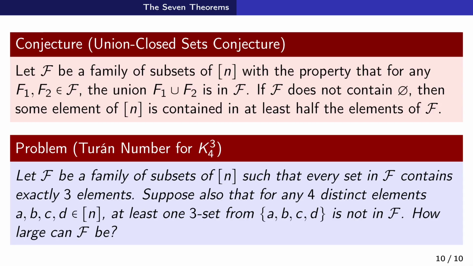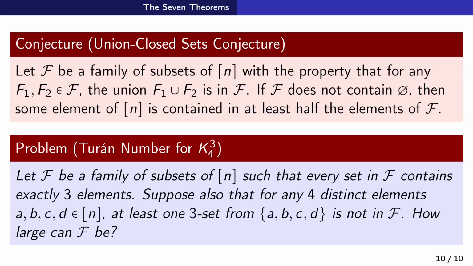Again, imagine you have a family of subsets of the first n integers, and you know a shocking amount about this family. You know that every single set in this family has exactly 3 elements in it. And you know something really specific about how the sets intersect: for any 4 distinct elements in your base set, at least one of the possible triples is not in your family.